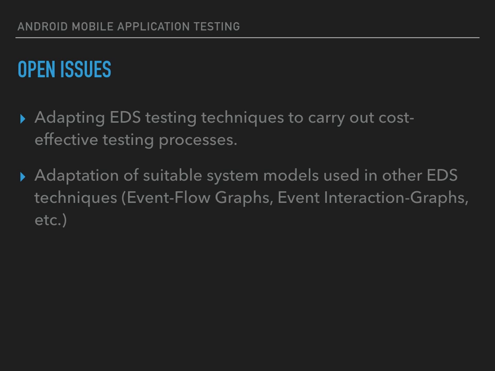To use these techniques for the Android platform, we would have to adapt these models and strategies, and still tweak them to fit the Android platform. Okay, so those are just a few open issues with Android mobile application testing. So we're going to go ahead and go to our next slide.